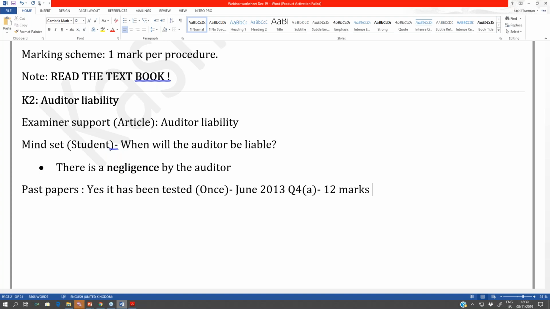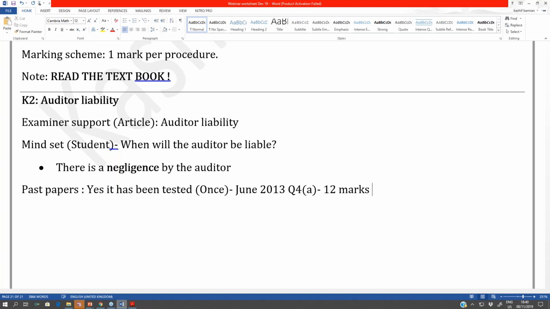Is that true? So at least a message will be delivered that you need to go through these areas, and if you go through these areas, then that's good. So the past paper, June 13, question 4A for 12 marks, did test auditor liability as a topic.